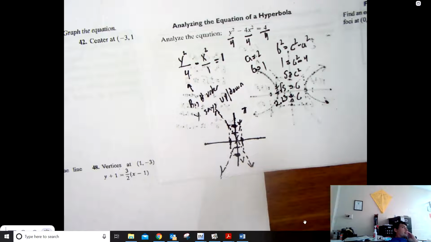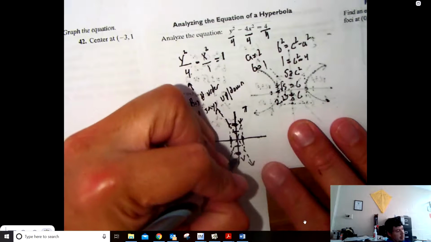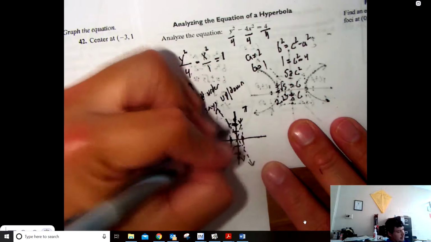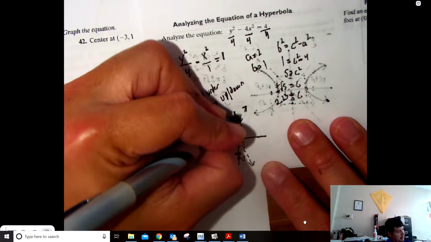The only other thing I haven't put on there was the focus. Focuses are just a little bit below negative 2 and a little bit above negative 2. And I can now draw my hyperbola.